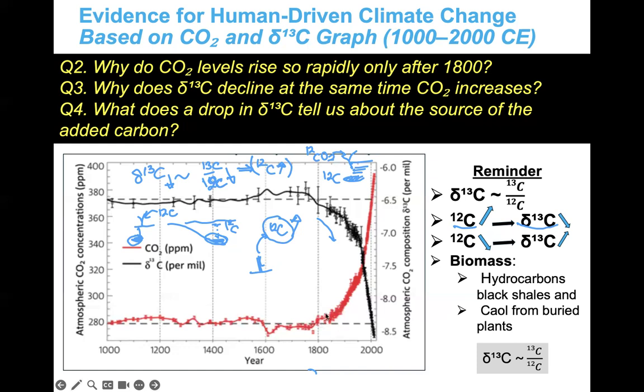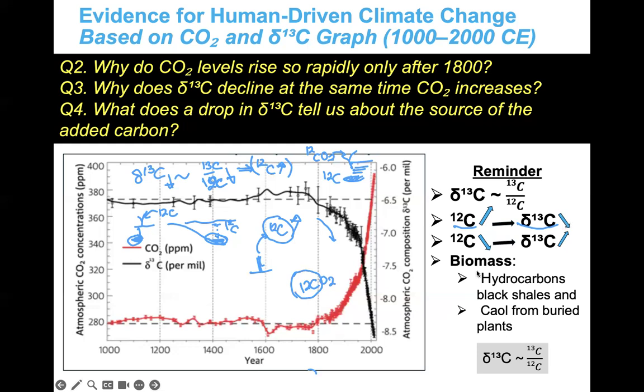So CO2 increases right here, and that CO2 that is increasing is actually C12O2 because the fossil fuels have a loss of C12. So this CO2 that is released here has a loss of C12, which means that delta 13C is lower.